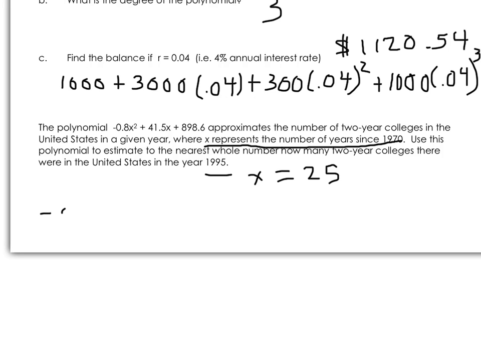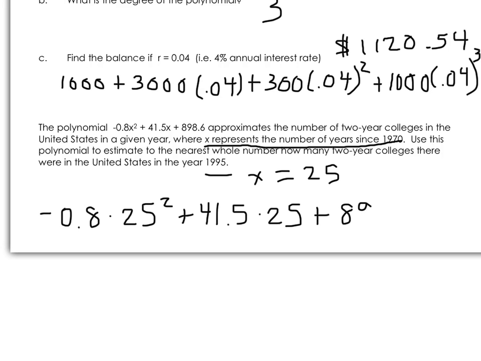So we have negative 0.8 times 25 squared plus 41.5 times 25 plus 898.6. Let's put that in the calculator.